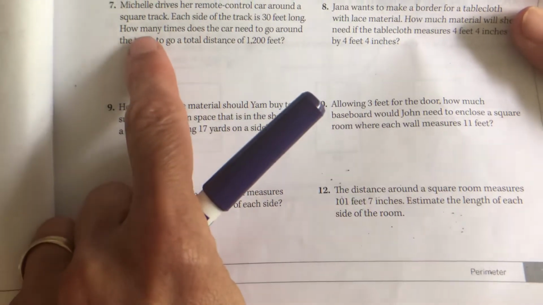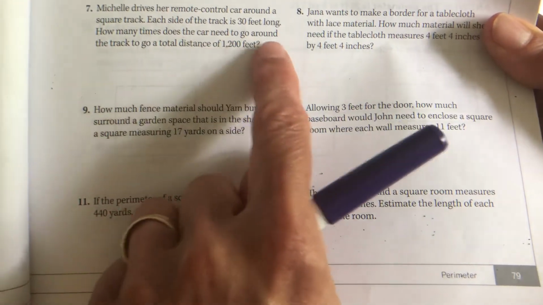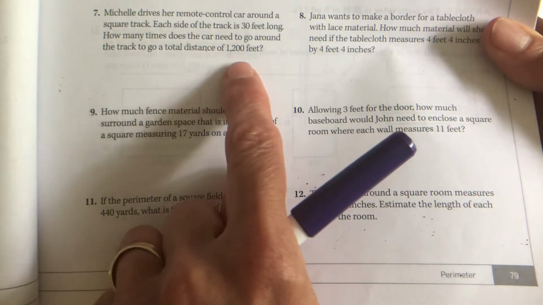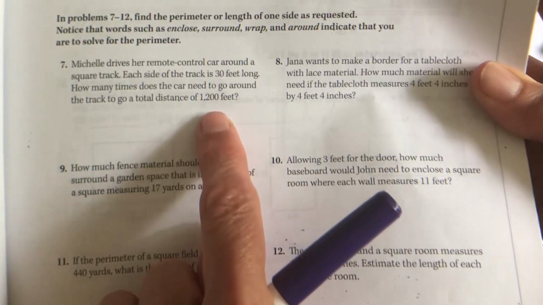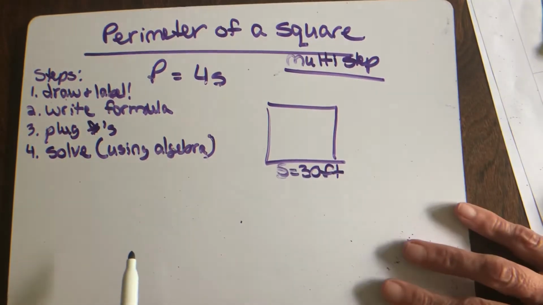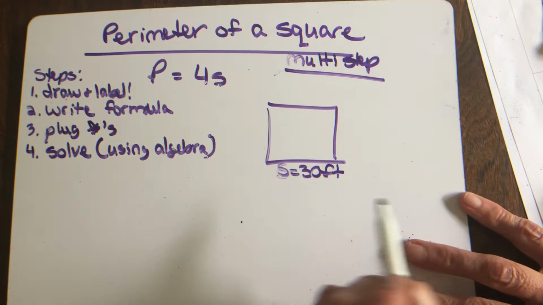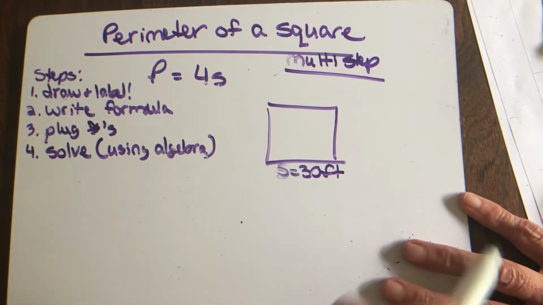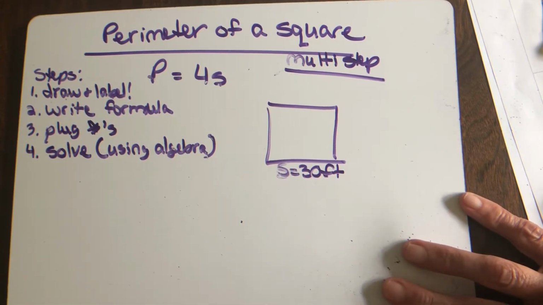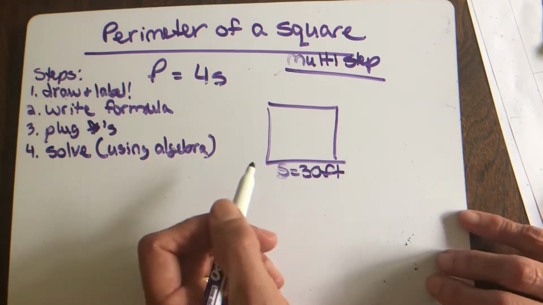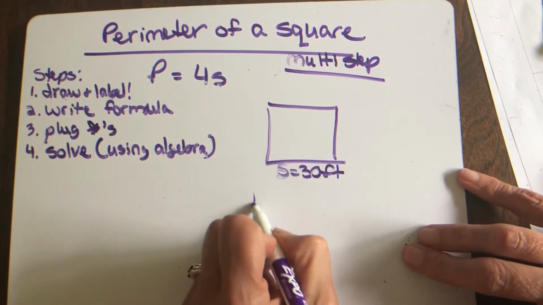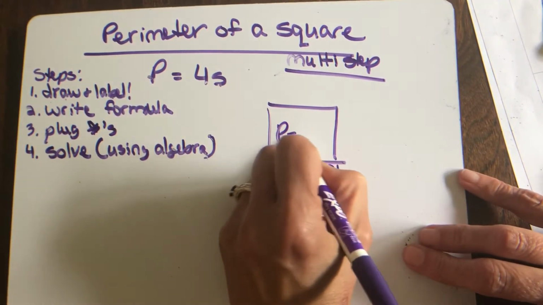They want to know how many times the car needs to go around the track to go a total of 1,200. You might be tempted to put 1,200 as your perimeter, but that is not the perimeter. So we need to know how many times the car can go around to make 1,200 feet. So let's solve for our perimeter.